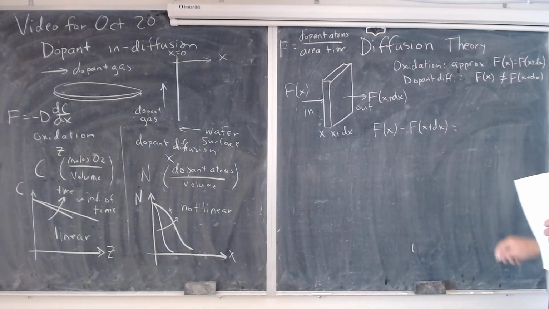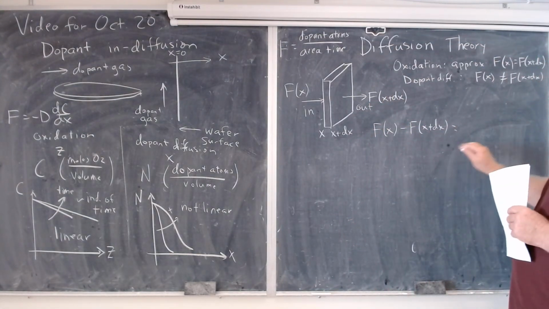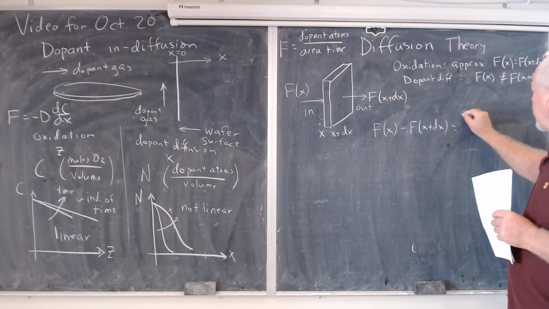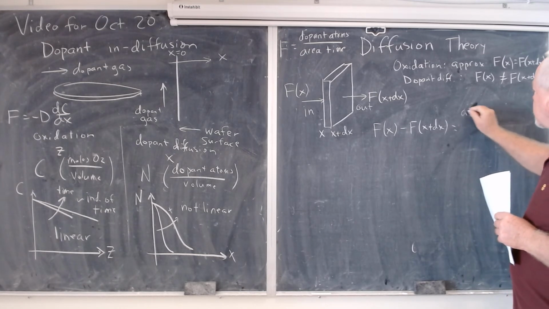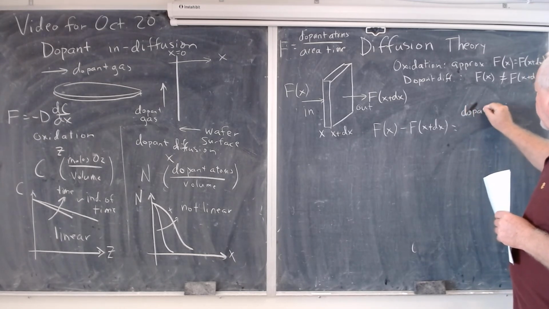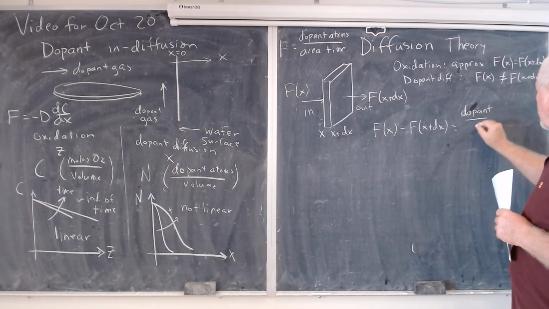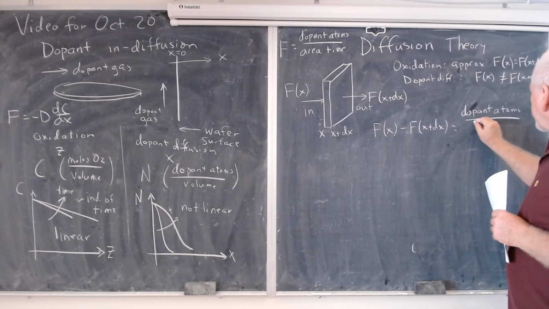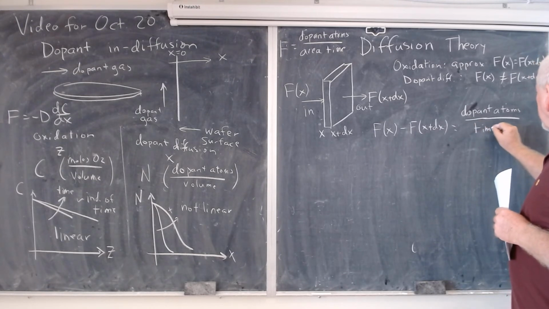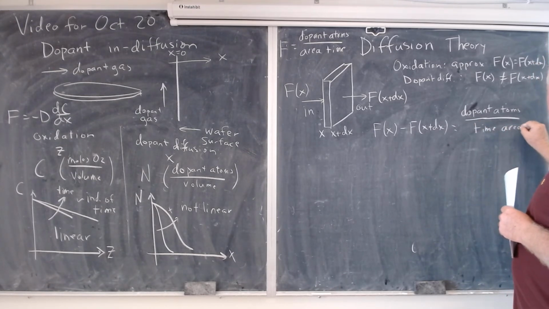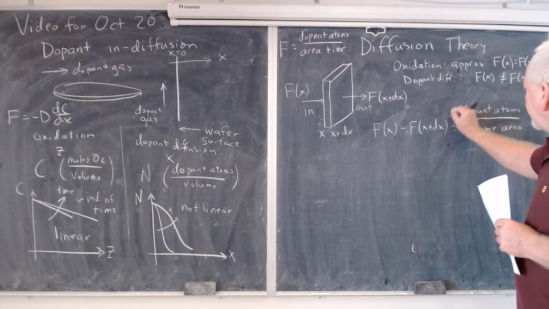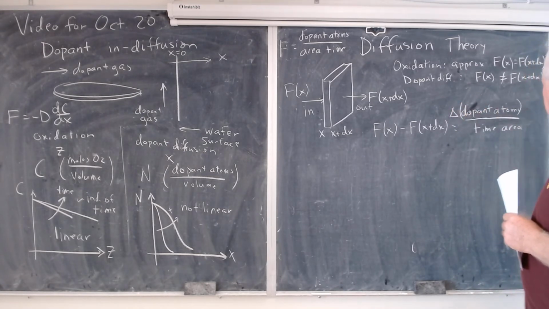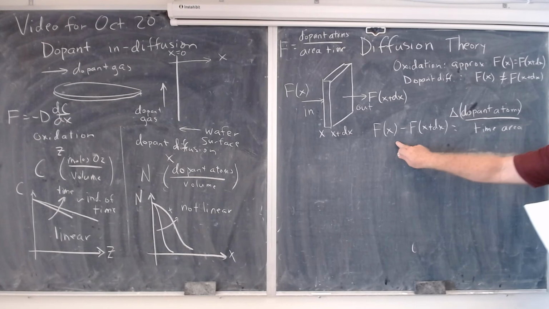So think about it. That is the dopant atoms per unit time per unit area, delta. Because it's different, there's more.